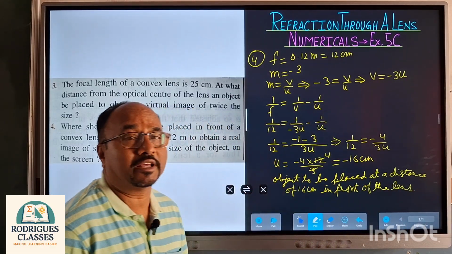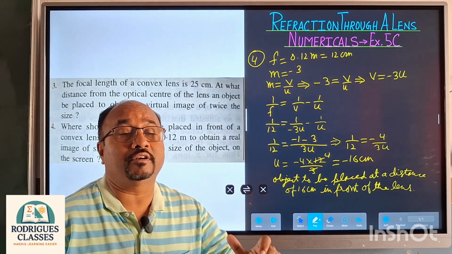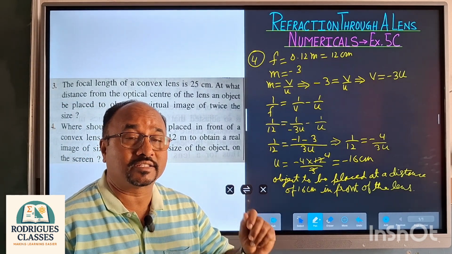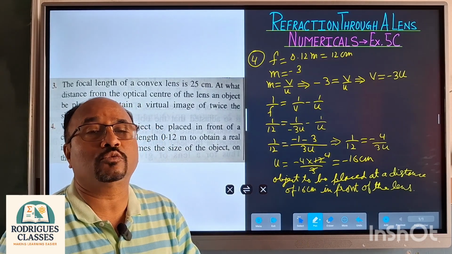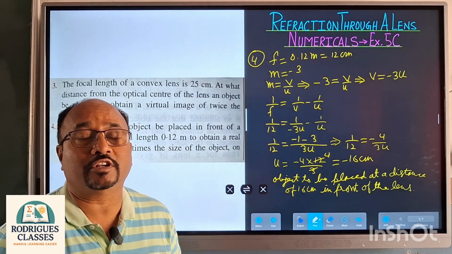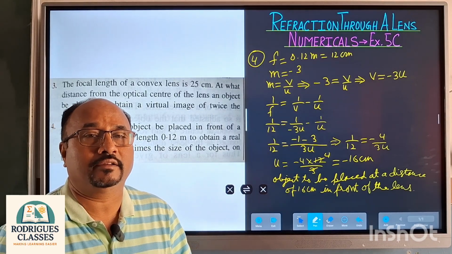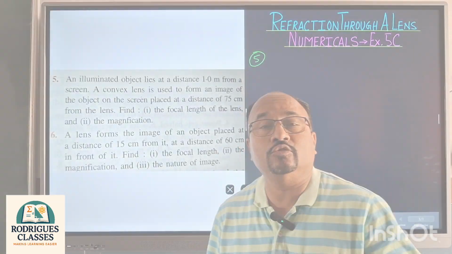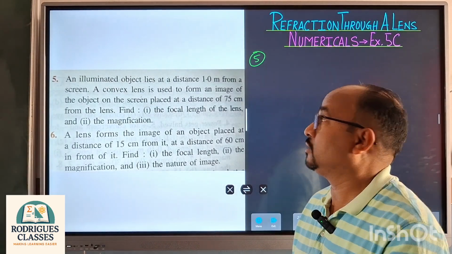So I hope this sum has been understood. Okay, very important. You should know how to find the sign in case of magnification, and they will mention to us in some way whether it is a virtual image or a real image, and that only will help us to get it. So now let us come to numerical number 5 and try to understand this question properly.